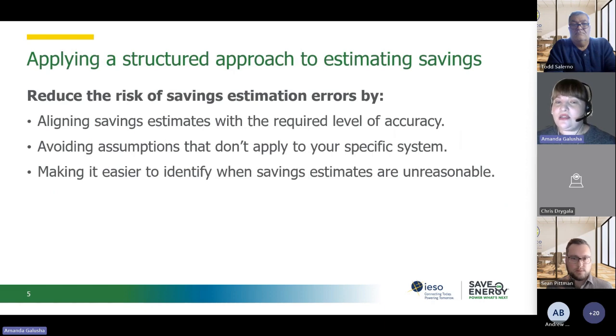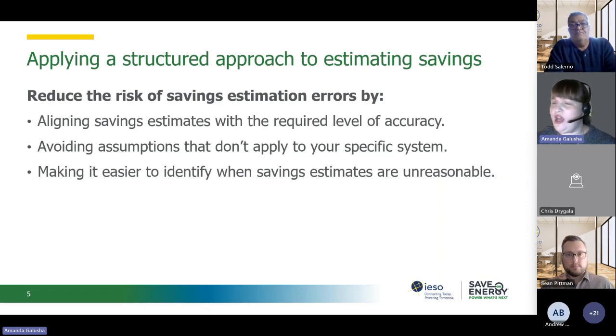There's a lot of value to applying a structured approach to estimating savings for any project. The main benefit is that it will reduce your risk of errors that can lead to disappointing results or even misapplied resources. To reduce the risk of that happening, first, it's crucial to align your saving estimates with the required level of accuracy.